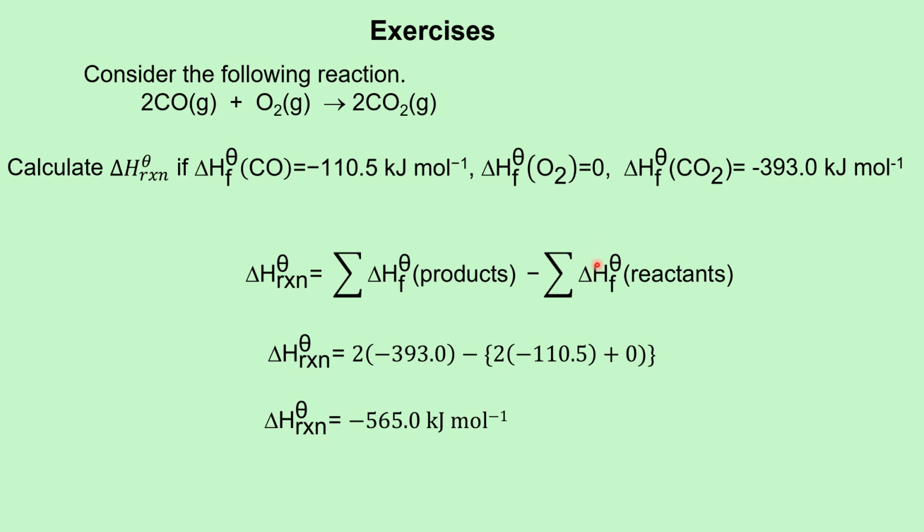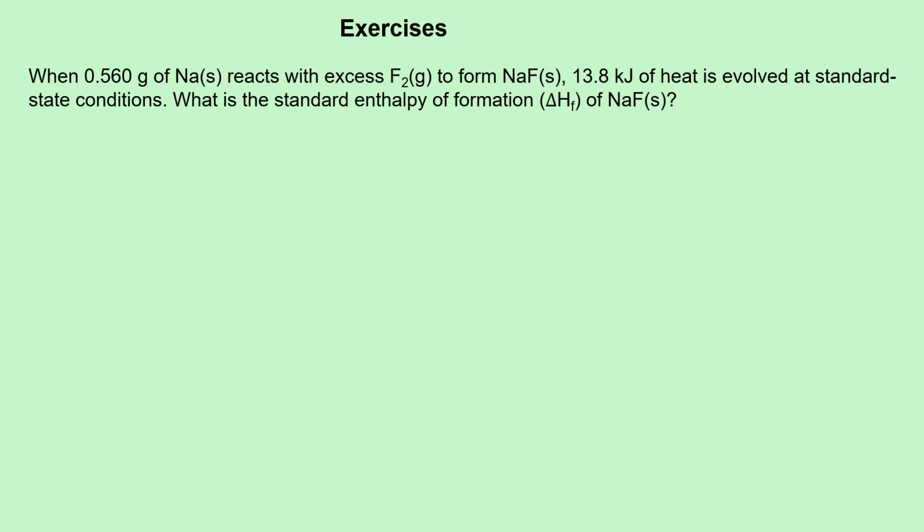Okay, if you do not know the enthalpy of formation, it becomes a little bit difficult. Okay, and then by using this formula, you just substitute the values given here into this formula and you can calculate the enthalpy of reaction, which is equal to negative 565.0 kilojoule per mole.